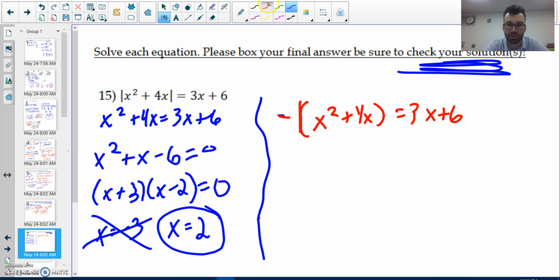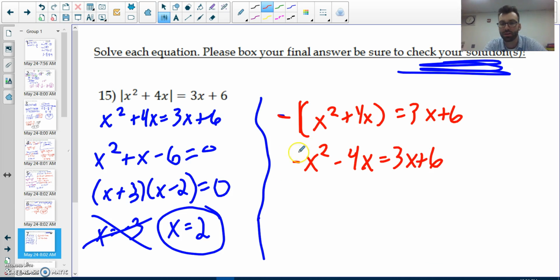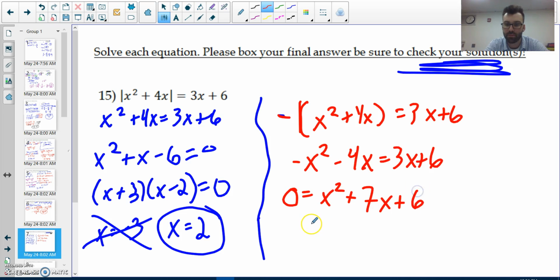Let's go over here to the negative portion. So I have negative x squared minus 4x equals 3x plus 6. I don't like factoring with a negative x squared, so I'm going to move everything to the right side of my equal sign. So it'll be 0 equals x squared plus 7x plus 6.